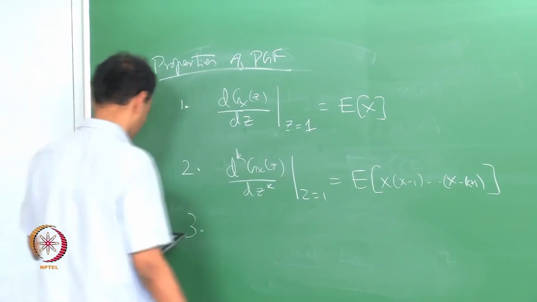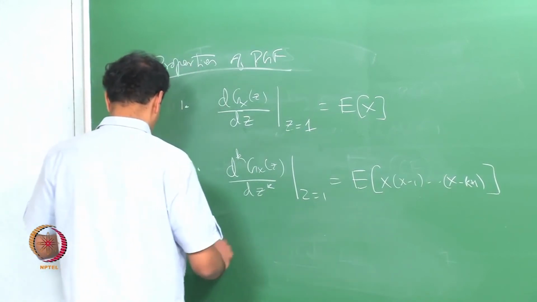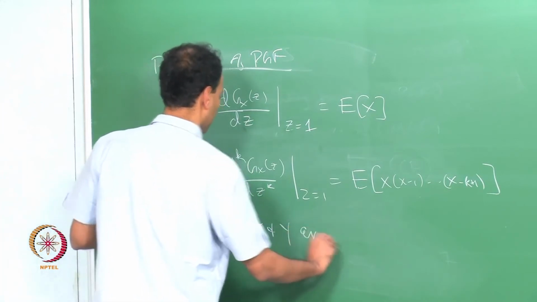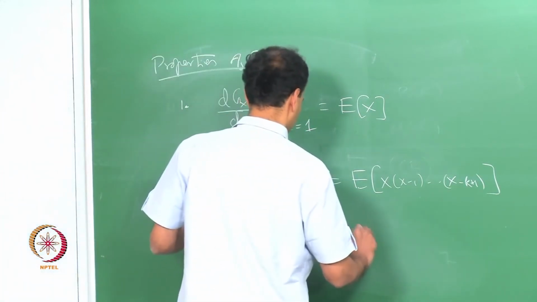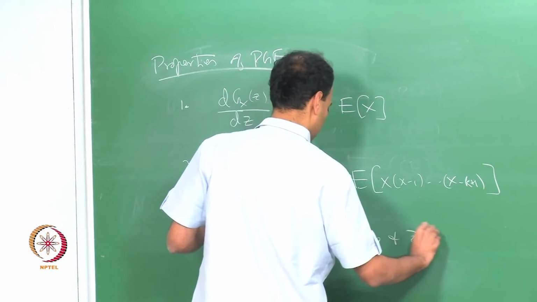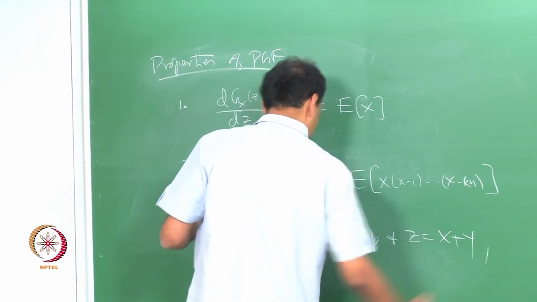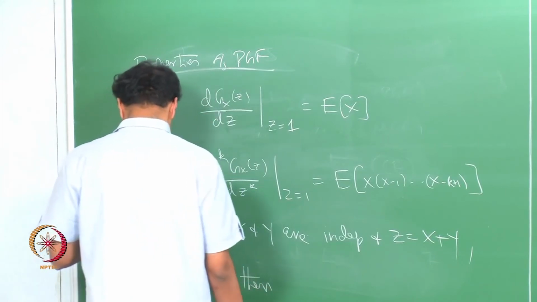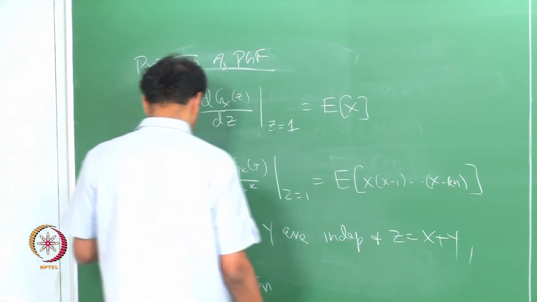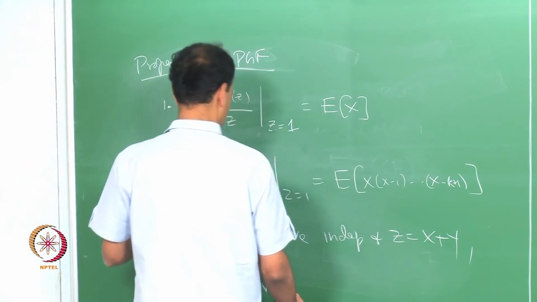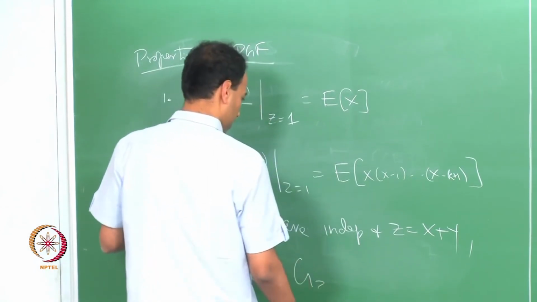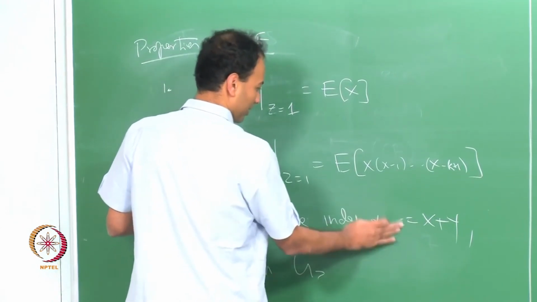Third, if x and y are independent and z equal to x plus y, then g z. Well, okay, so now I have to be careful. So let me call this something else.